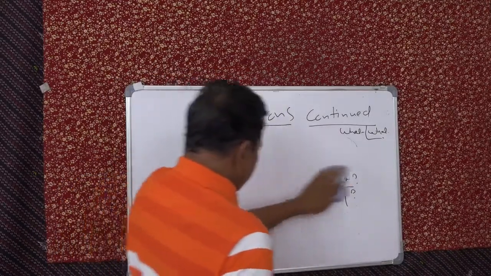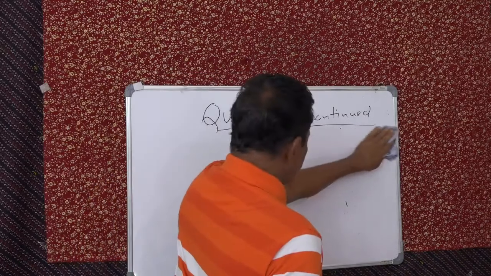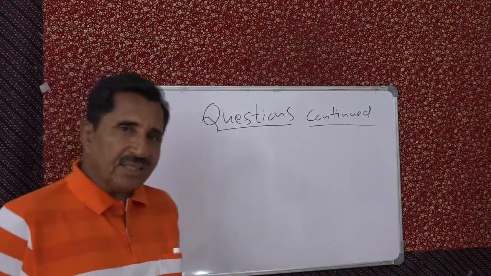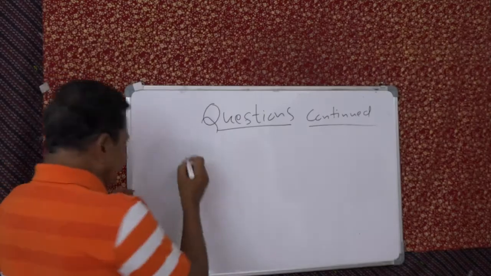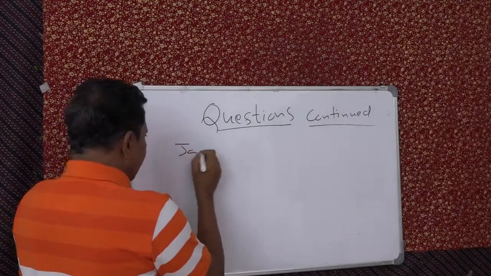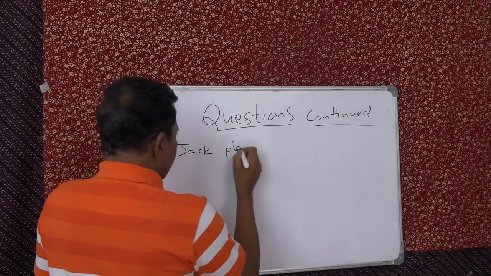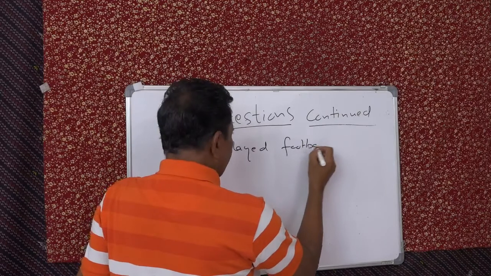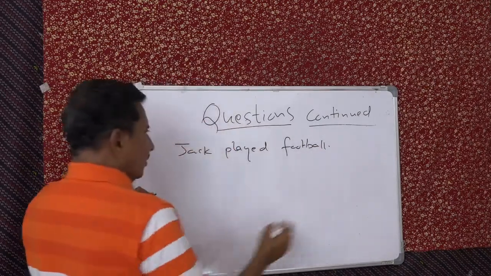See that? And that is in the past tense. What will happen when you use the past tense? Here, Jack played football. Okay? So we are using what?